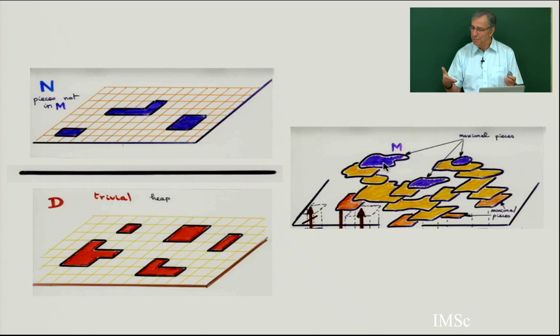Of course, when you take maximal pieces, the elements are independent, say they are. But maybe in M, some element can be in competition with some other element.